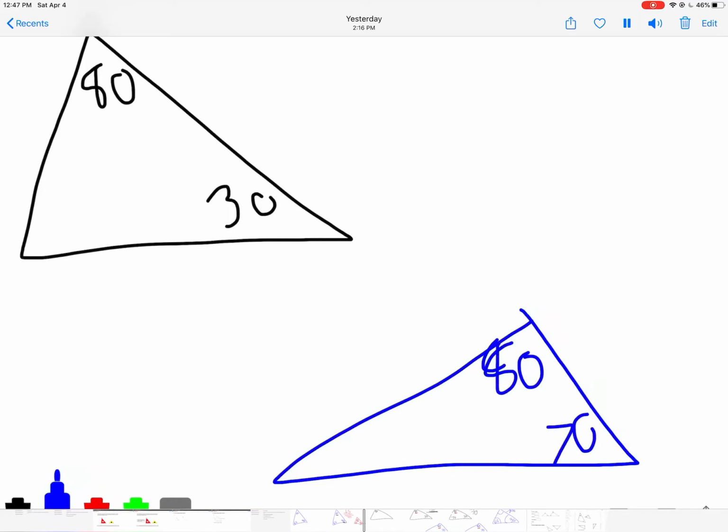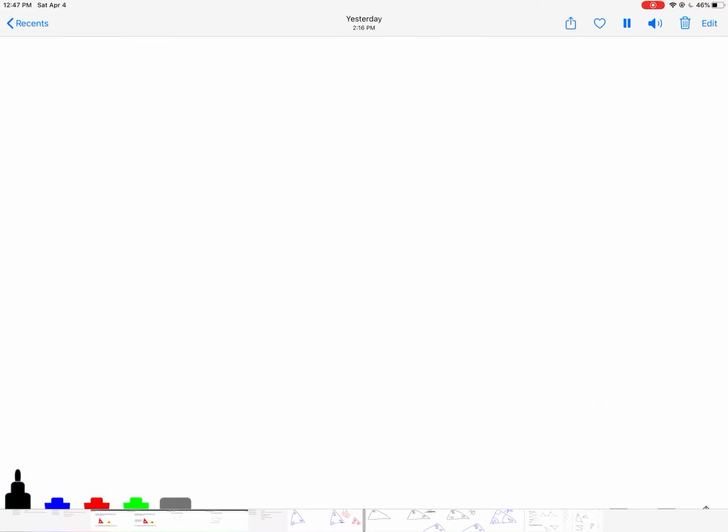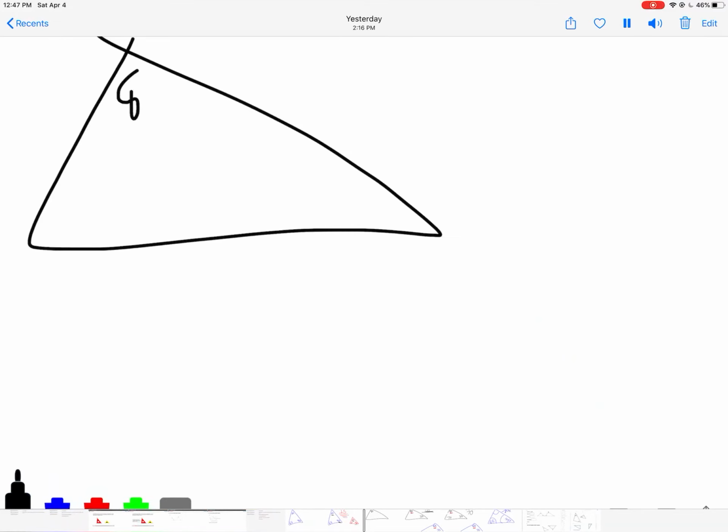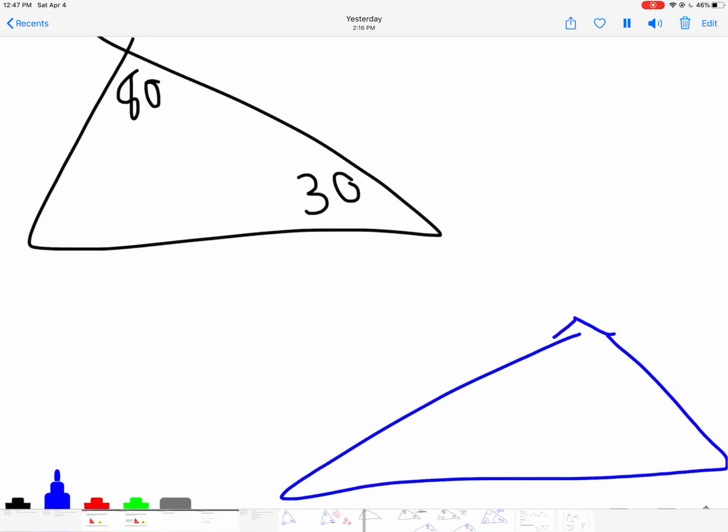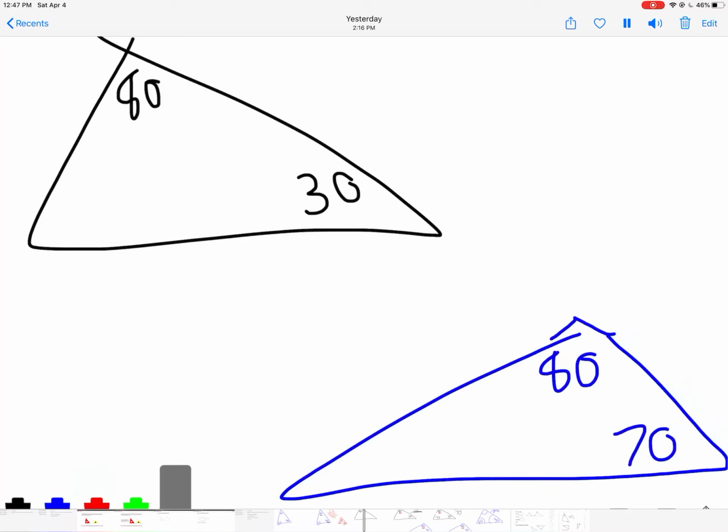So what I say, sorry, 80, 30. You guys know my handwriting's not the best, I'm sorry. 80, 70. So when we look at these, we know that I have at least one angle that's the same, 80 and 80. So now we have to figure out how I can see if maybe the second angle is the same, but I don't see that right now.